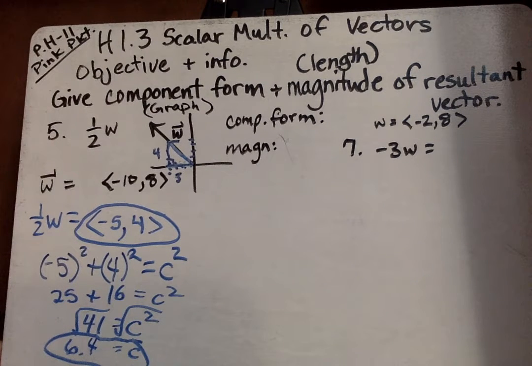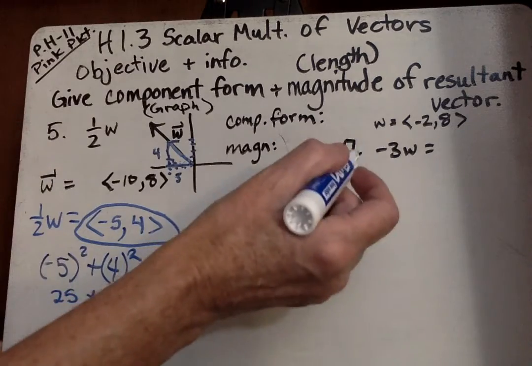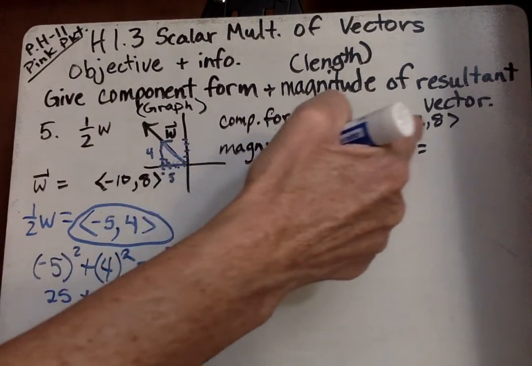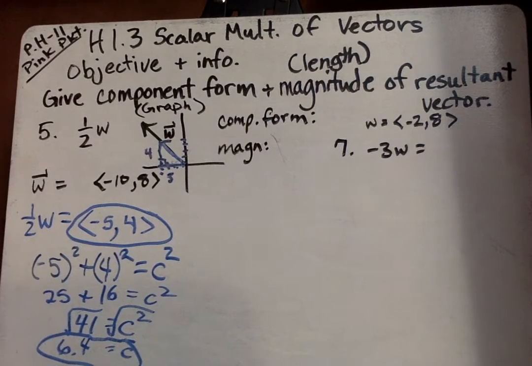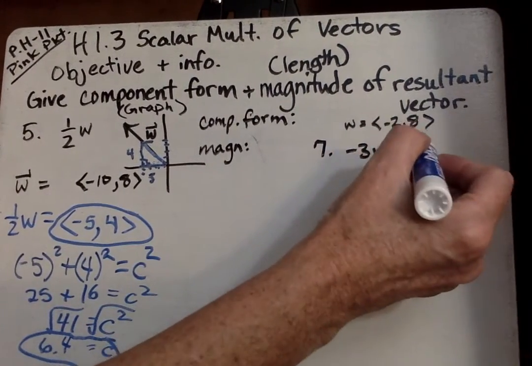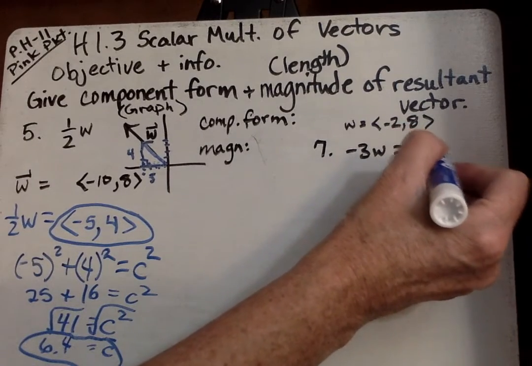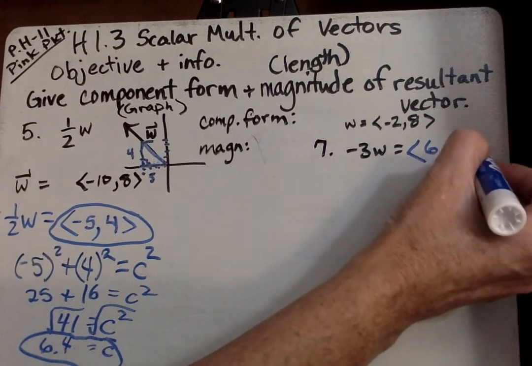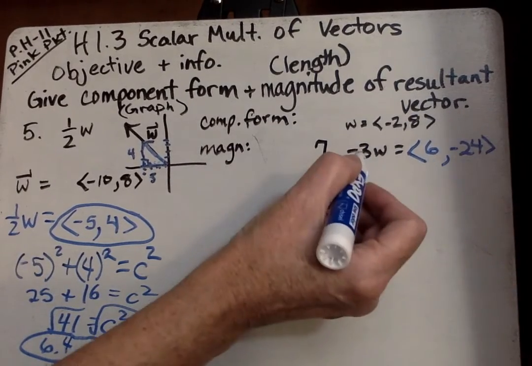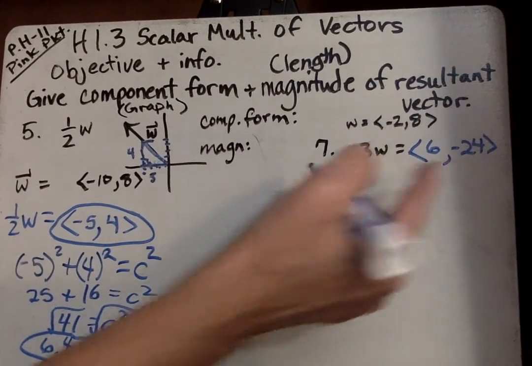Okay. All right, next we're going to go on to number 7, -3 W, and W is -2, 8. So I'm going to multiply each of these by this -3. So that's going to be 6, -24. So again, all I do is multiply -3 by each of these.